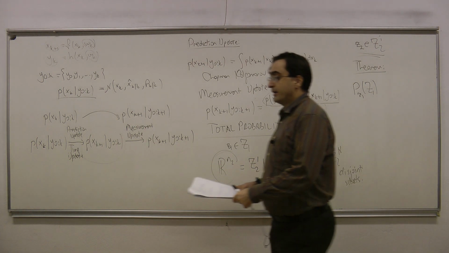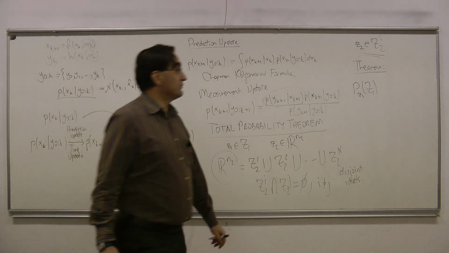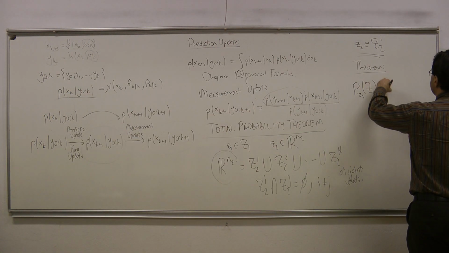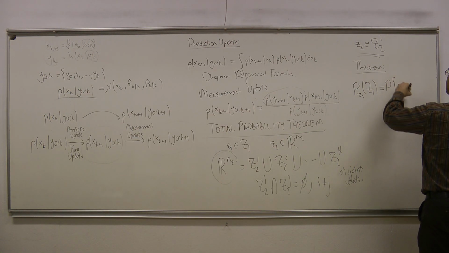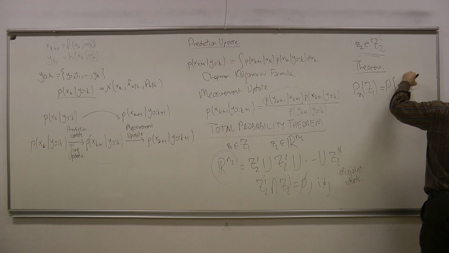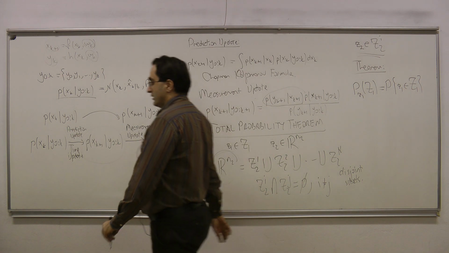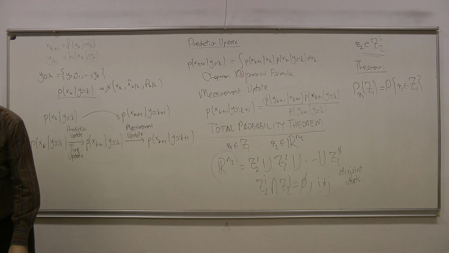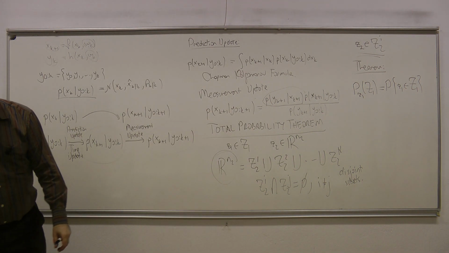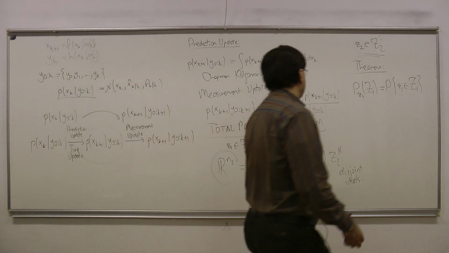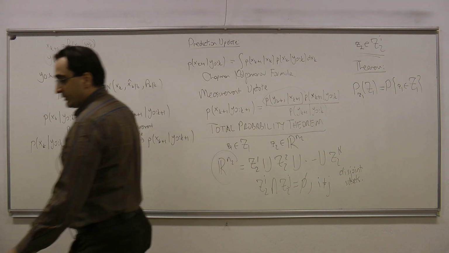Okay? We have defined such a distribution as follows. This is the probability of Z1 being inside the subset capital Z1. Okay, and Z1 is a subset of R^n1. And the total probability theorem tells us the following expression.